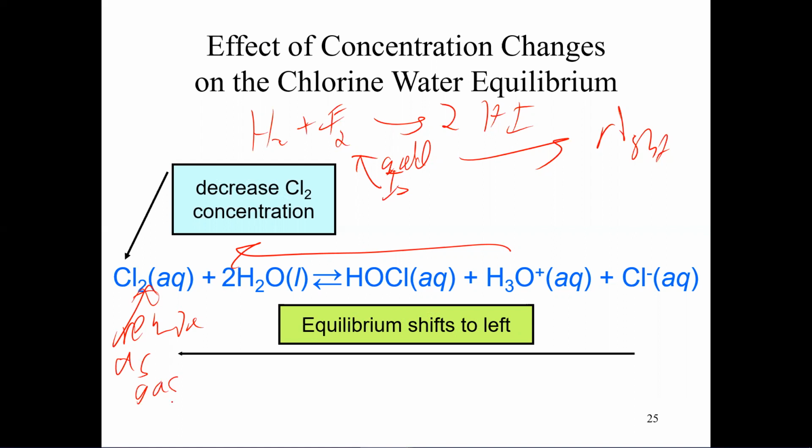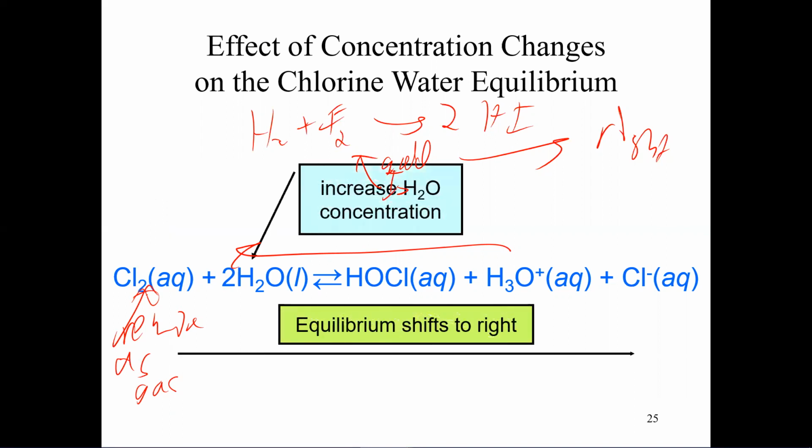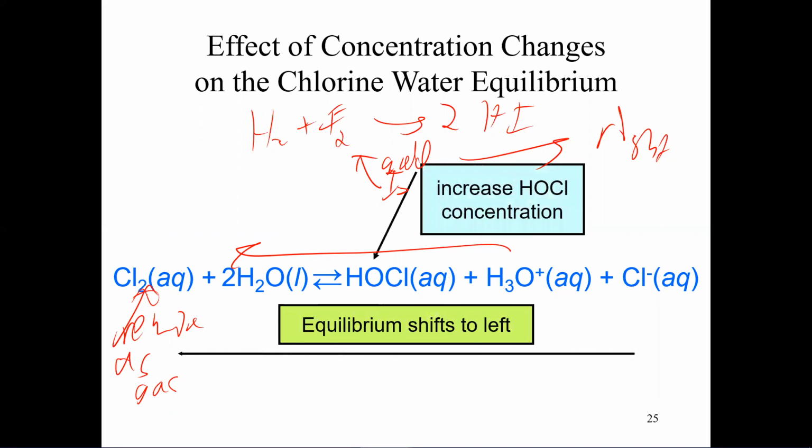So if you heat it up a little bit, that'll remove the chlorine gas, and so that'll cause it to go to the left. If you increase the water concentration, it'll shift to the right because more of the chlorine will react with the water if you increase the amount of water in the system.